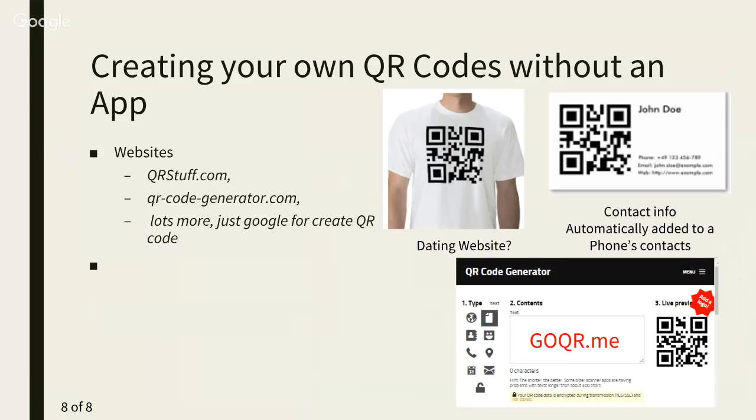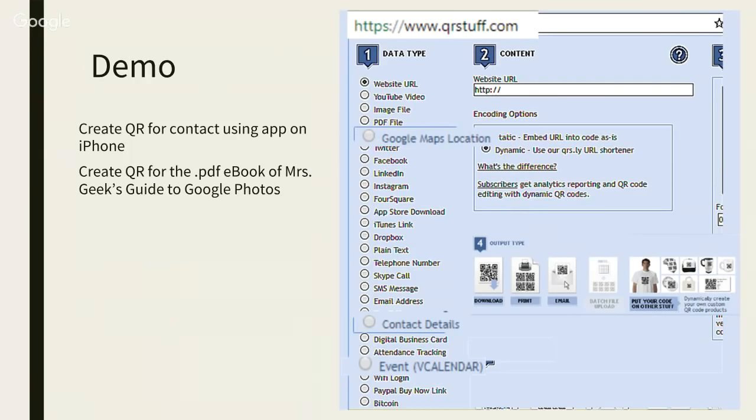You can do this on the web as well. There are several websites, and I'm going to show you this one called QR Stuff. Notice that you can put it on business cards, T-shirts, coffee cups, all sorts of stuff. And notice here, Bill, they call it a dynamic.